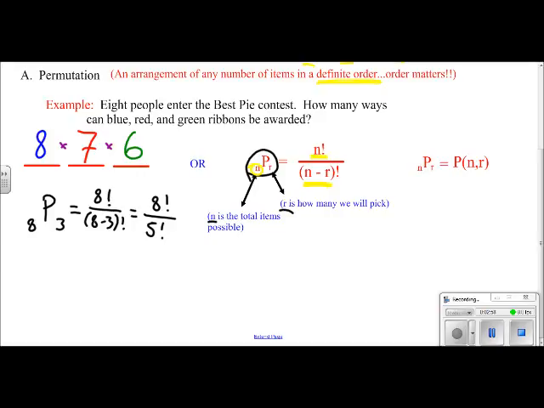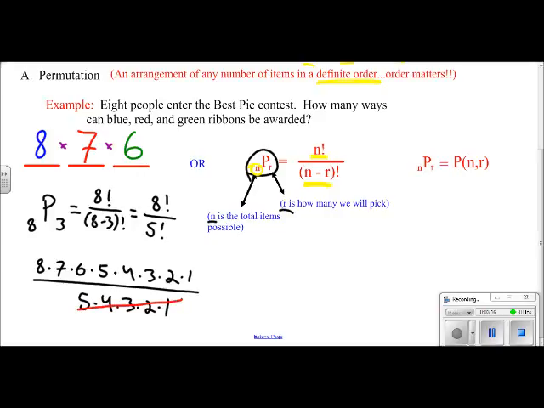If we wanted to see how this would actually spell out, we'd have 8 times 7 times 6 times 5 times 4 times 3 times 2 times 1, all over 5 times 4 times 3 times 2 times 1. If you'll notice, 5, 4, 3, 2, and 1 happen in both cases. Since it's all multiplication and it's being divided, we can cancel out the 5, 4, 3, 2, and 1, leaving us with just 8 times 7 times 6, which is the same as what we got with the fundamental counting principle.